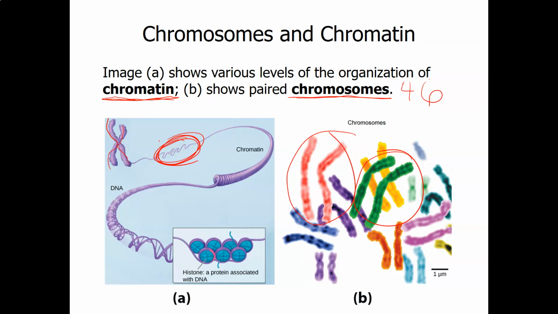Okay. One analogy that I like to give is if you take a piece of yarn, let's just say you're looking at a short piece of yarn, maybe 2 inches long. That yarn would be the chromosome.